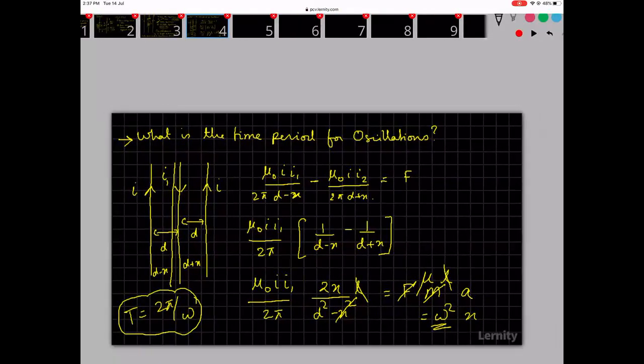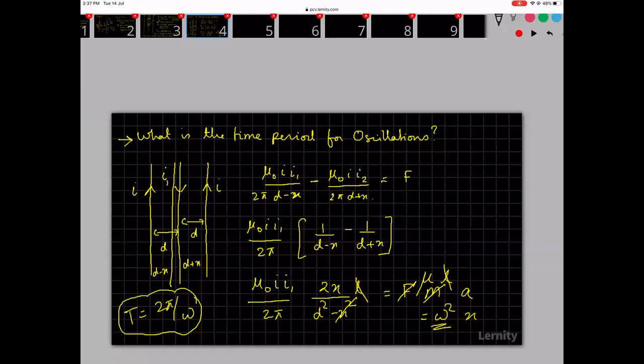Yeah, this is a slightly difficult question. This is a standard way of approaching questions where they ask you for the time period. So what is the time period for simple oscillations? This is how you find it out. Find out the net force acting on the body.